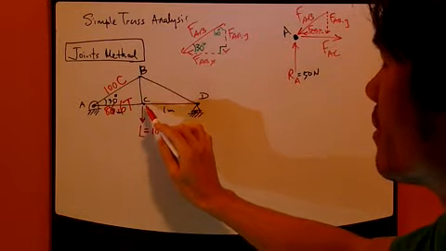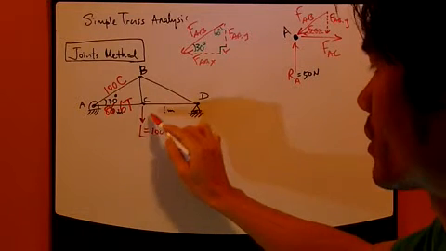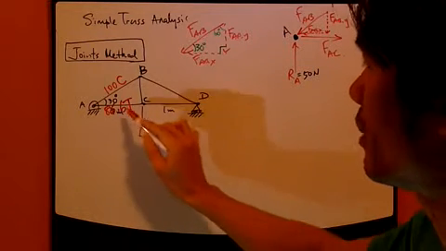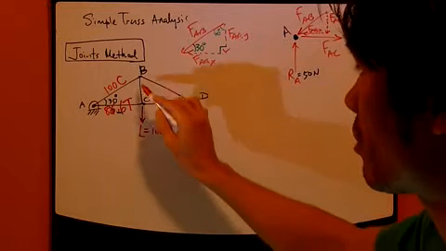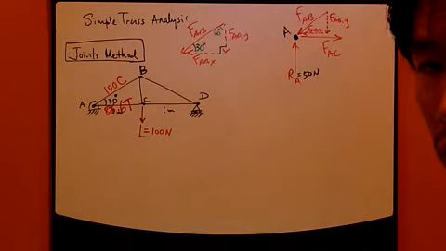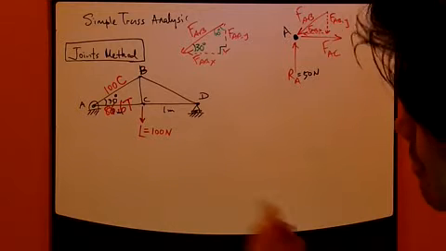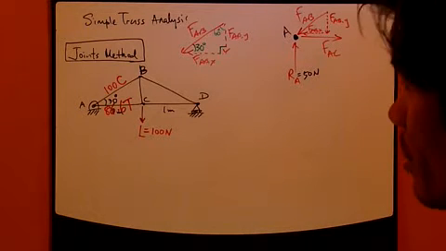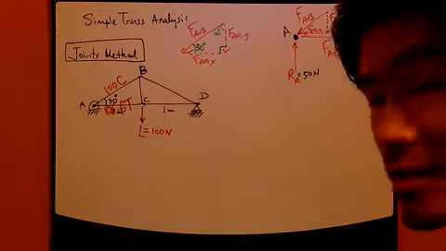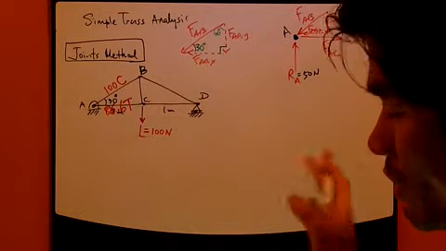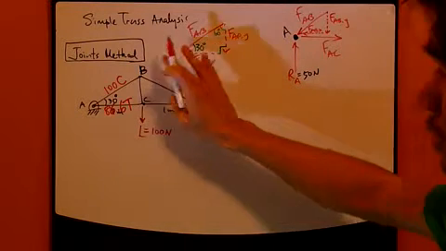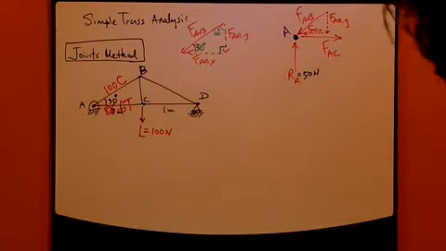Joint C has four forces, two being known quantities, so that leaves us two unknowns, that's fine too. So either way, in this case, it's up to you. Joint B or joint C, it's all the same. Whatever joint you go for, you get the same result.